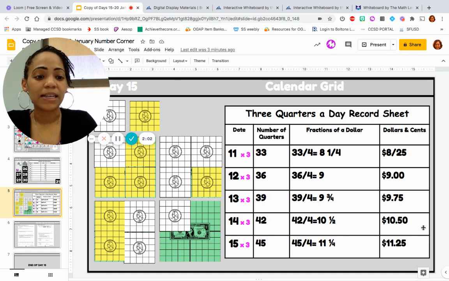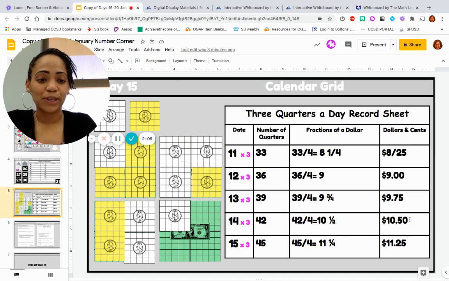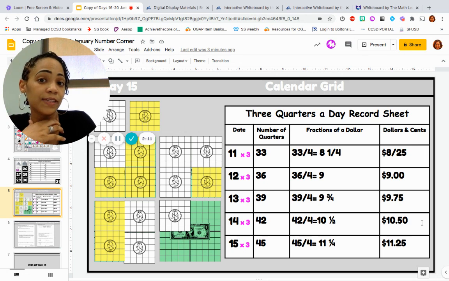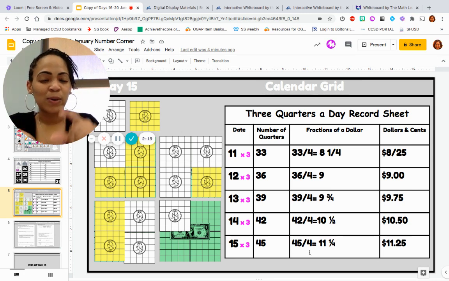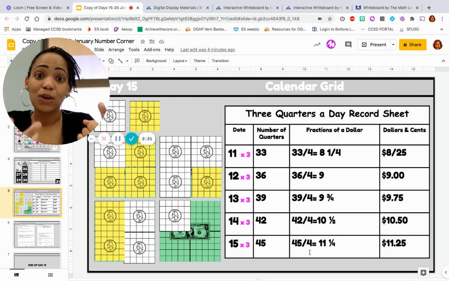So I have updated our calendar collector sheet for you as well here, where you see on Friday we had $10.50. Today we have $11.25, because 45 divided by 4 would give us 11 equal groups, but we would have 1/4 left over, meaning 1/4 still left over.